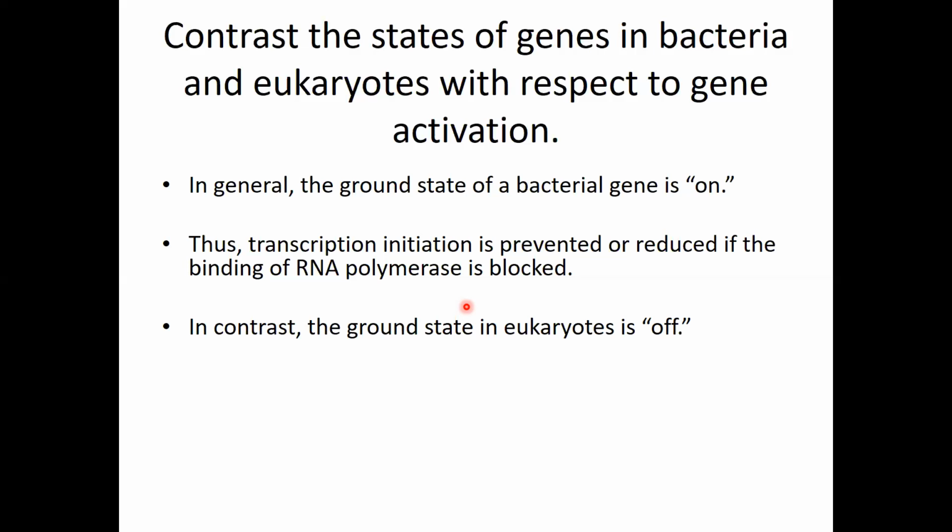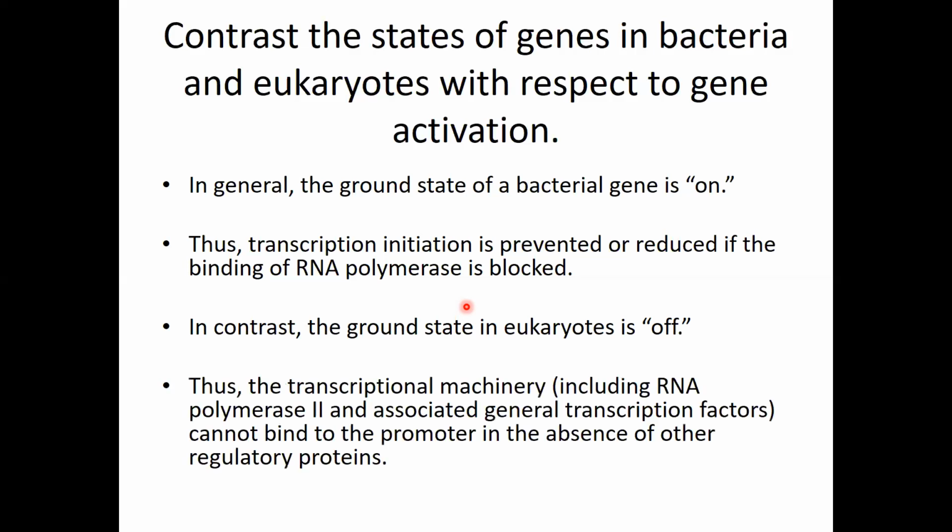So in natural settings, eukaryotic genes are typically off. The transcriptional machinery cannot bind to the promoter in the absence of an activator protein or some kind of regulatory protein that allows you to move forward, okay?